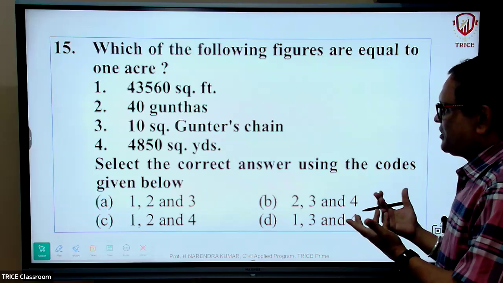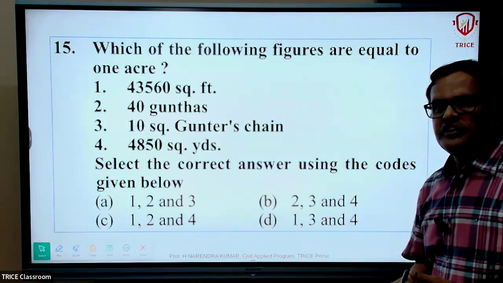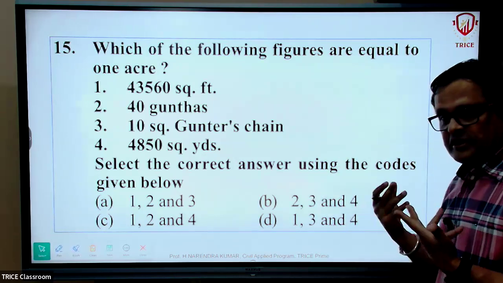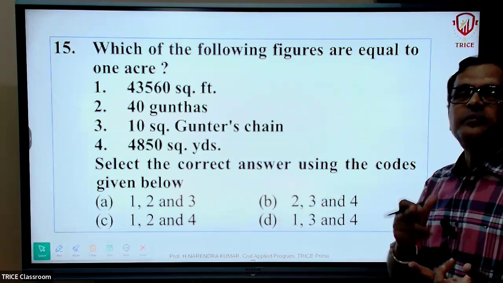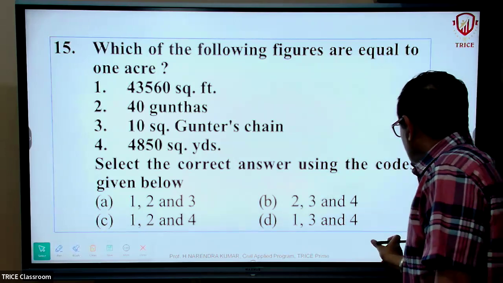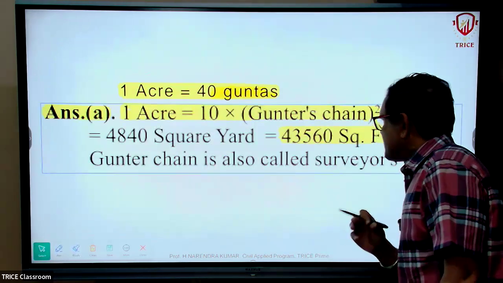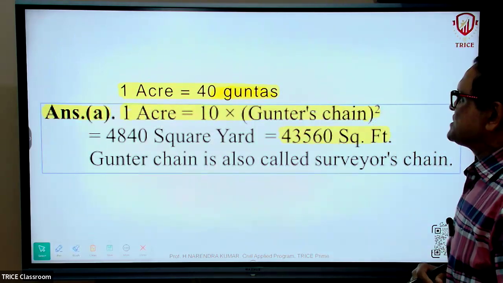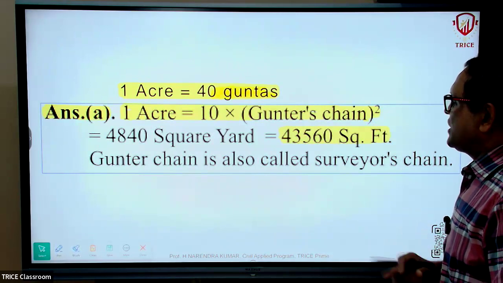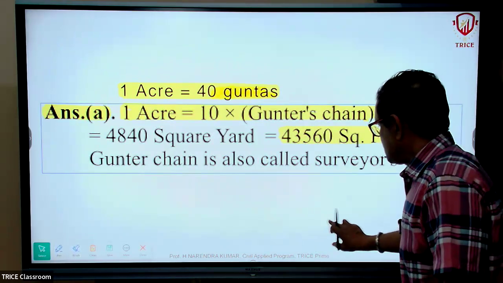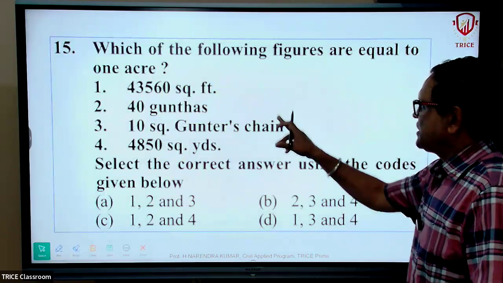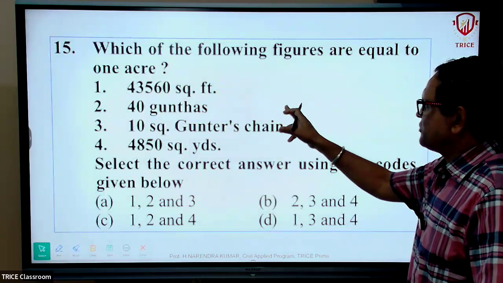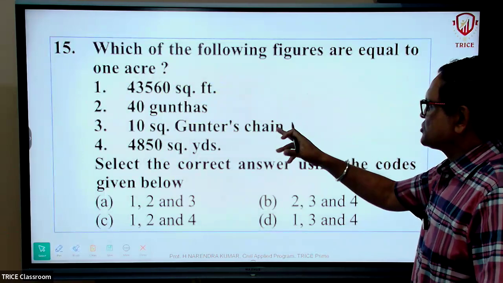You are all familiar with the SI units, but here we need to understand even the FPS system and the MKS system. The detailed answer is there in my answer slide. So A is the correct answer, that is 1, 2, 3: 43560 square feet, 40 guntas, 10 square guntas chain.